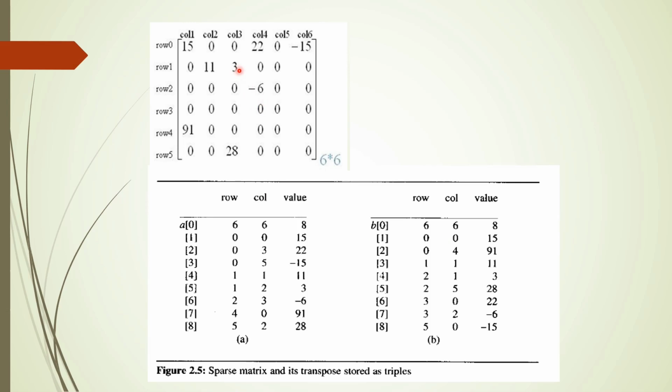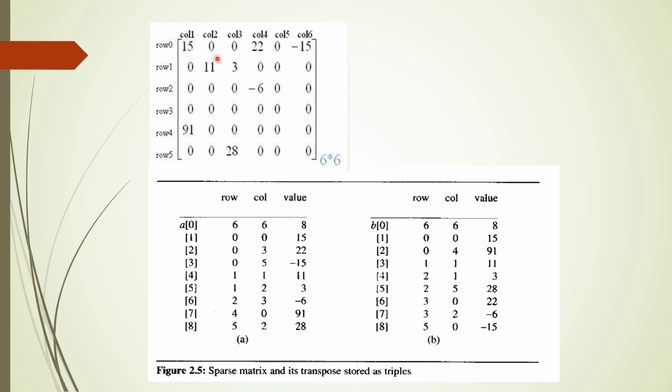This is an example. This is the given sparse matrix. That matrix will be represented with row column value like this. In this method, the first row is reserved for the number of rows, number of columns, and number of non-zero elements.